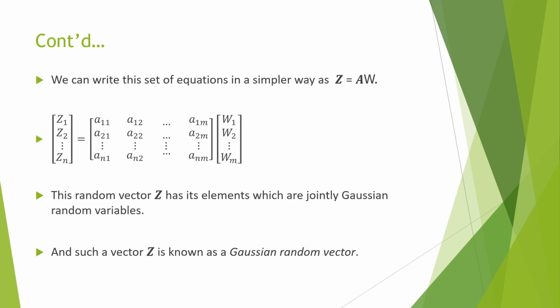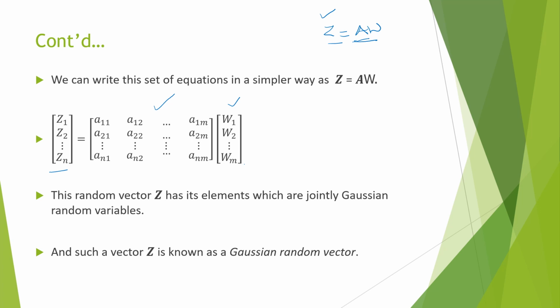In the previous slide, we have seen various linear combinations of random variables. If you put it in a simple form, we can write it as Z equals AW. If you expand this in matrix form, Z is a column matrix of the elements Z1, Z2 up to Zn, and A is an n by m matrix with n rows and m columns. Then we have another column matrix W1, W2 up to Wm, which is a set of random variables.